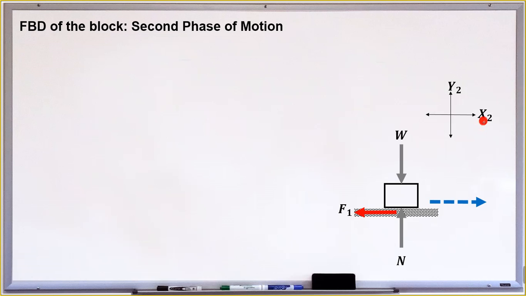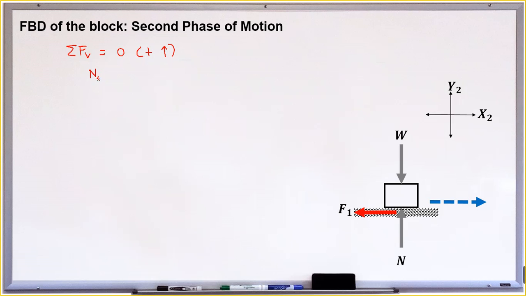Here, the value of the normal force will change because we no longer have the applied force. So we again take the summation of forces along the vertical, that is equal to 0. Positive is upwards.